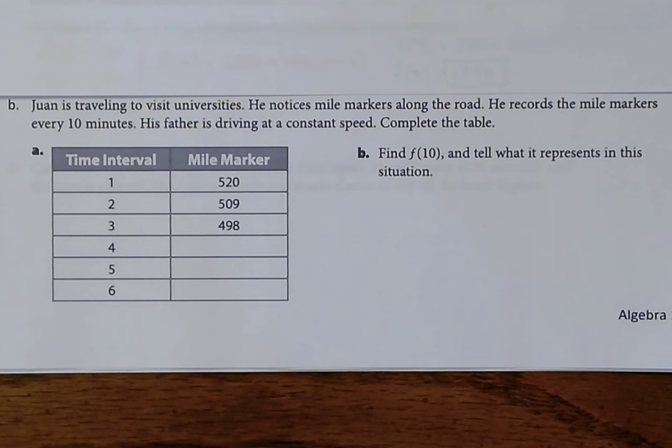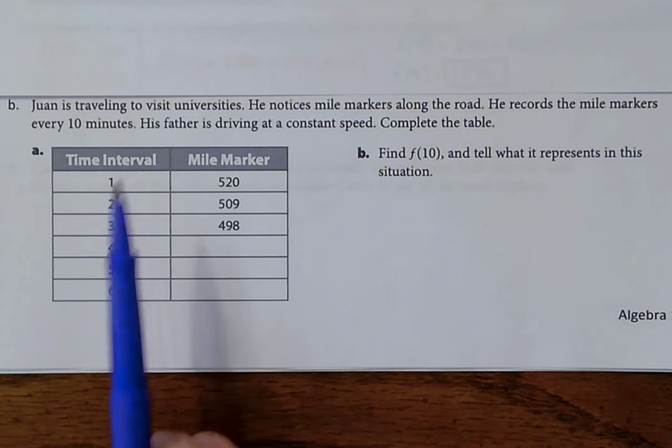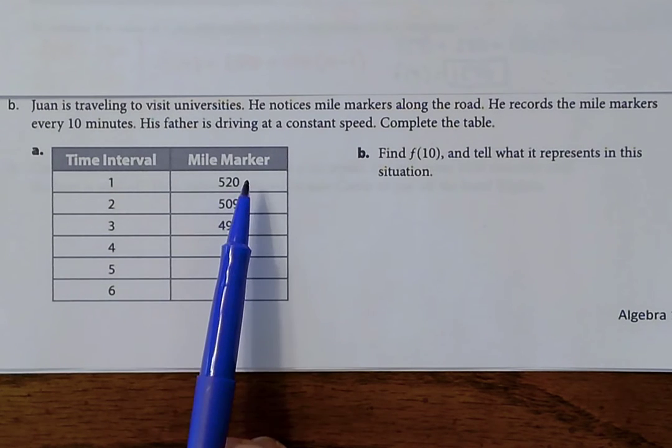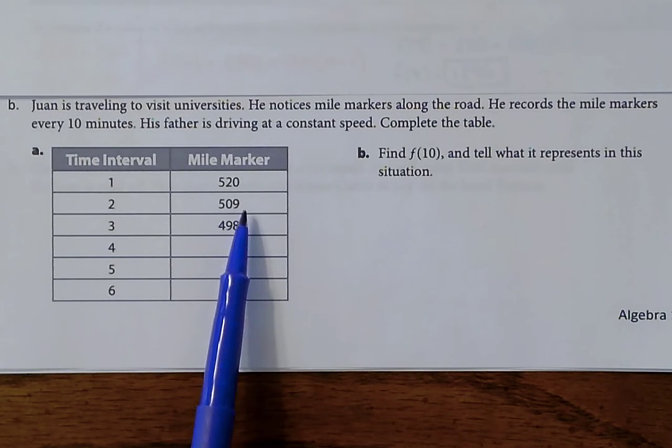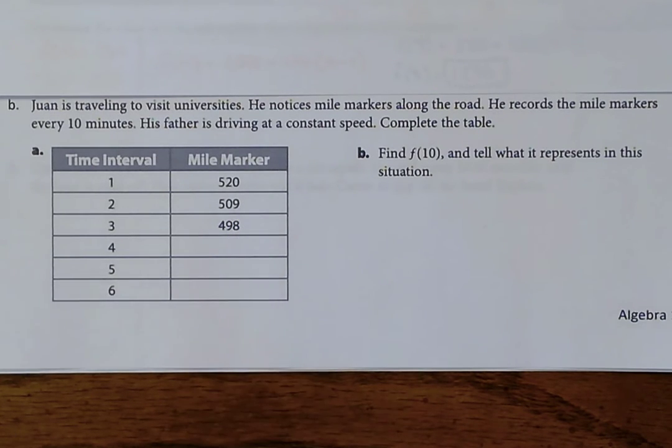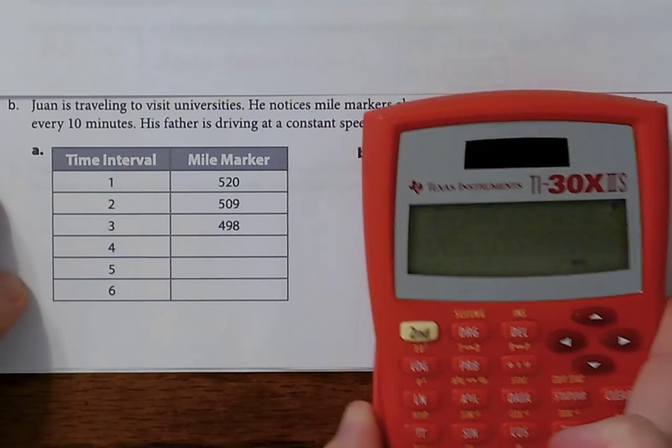So for part A, we need to go through and complete the table. So they tell us for time interval 1 that it's 520. The next one is 509 and then 498. So we need to figure out how much this is increasing or decreasing by to figure out our common difference so we can fill in the rest of the table.